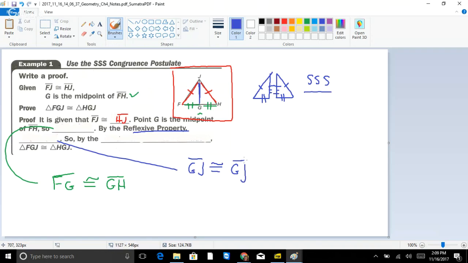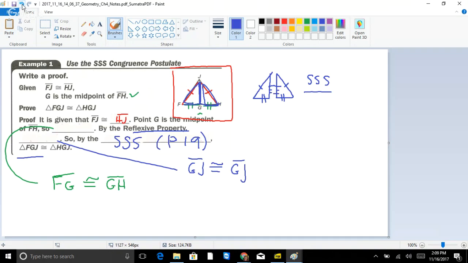So by the side postulate, or postulate 19, we can say that triangle FGJ is congruent to triangle HGJ. So that's how we're going to use the side postulate.